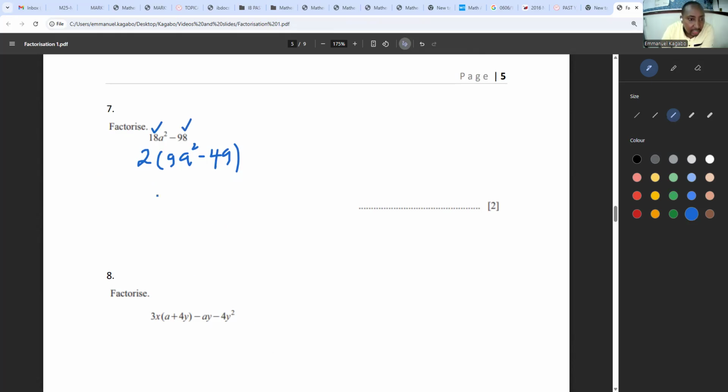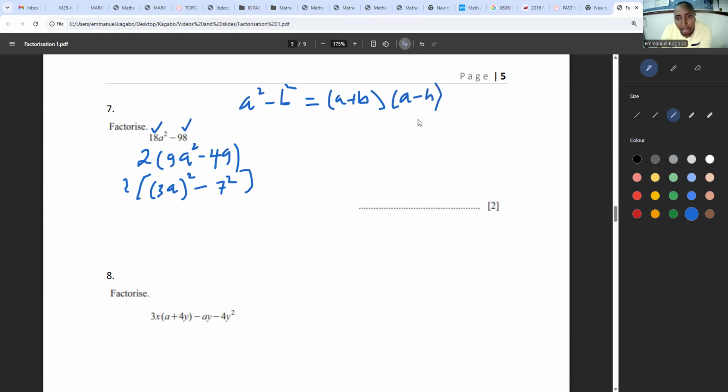So this one also can be written as 2 bracket. Let me first write it like that. So 3a squared, together, minus 49 is 7 squared, because 49 is a square number. Then everything here, I have my 2. Very good. When you reach here now, you can see the difference of two squares. a squared minus b squared is equal to a plus b bracket a minus b, right?